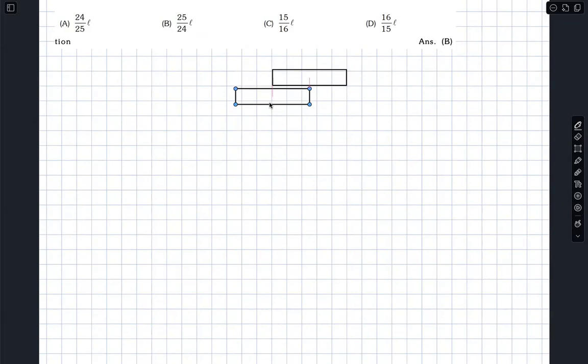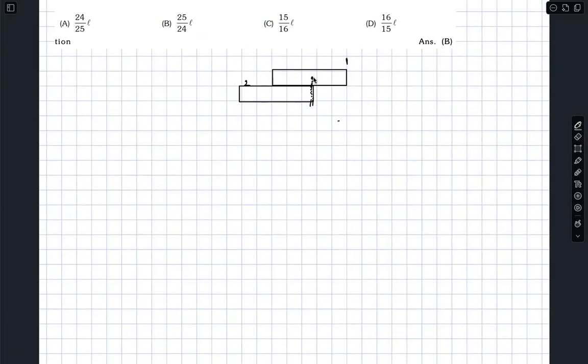See, I need to place one over the other. But what is the condition? Let us say this is 1 and this is 2. The center of mass of the first block must at least be slightly to the left of the free edge of 2. Why?